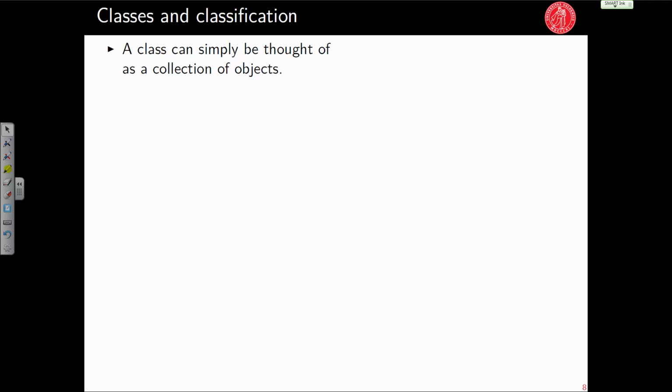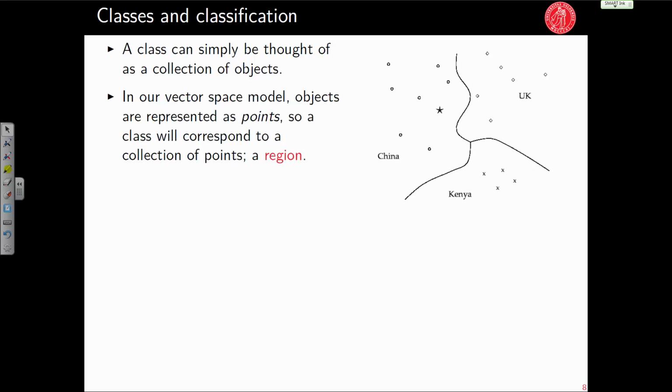Now let's look at what we mean by a class, and how we represent a class in a vector space representation. The class itself could be thought of as a collection or a group of objects. What we have been doing so far is representing points or objects in a vector space.